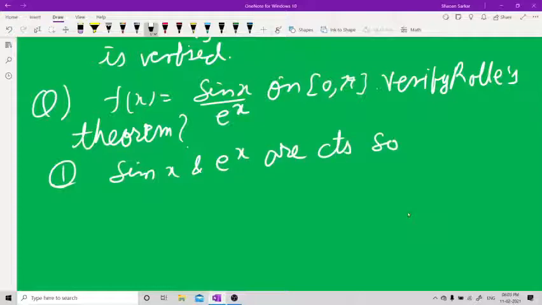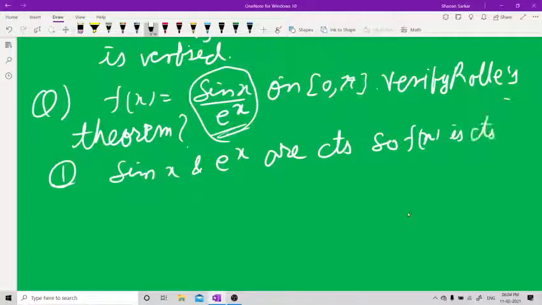So you know, if f and g are continuous, then f by g is continuous. So this whole thing is continuous on 0 to pi.